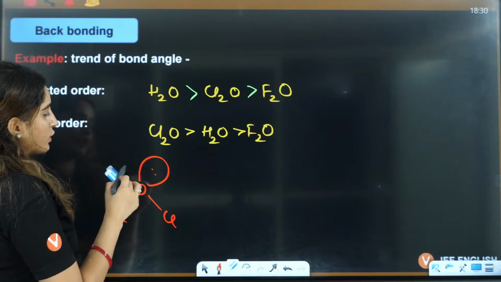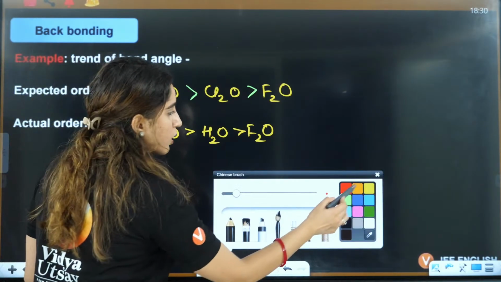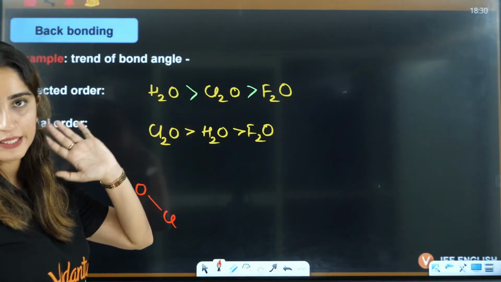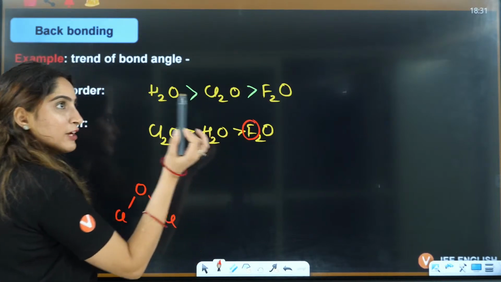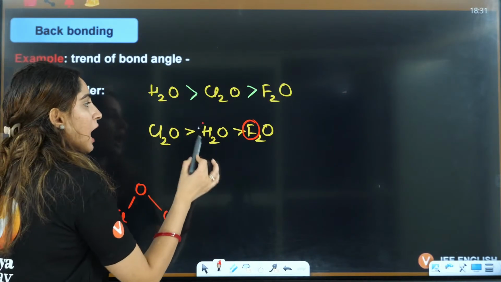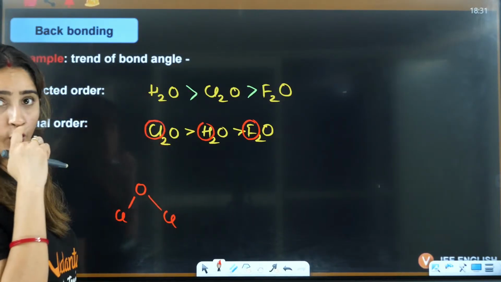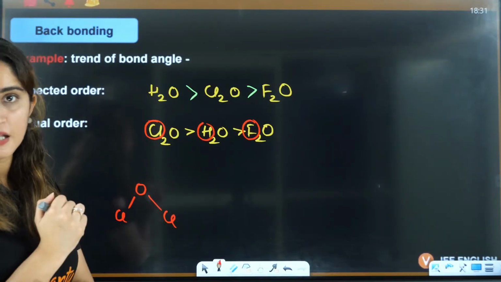I'll tell you how. If you talk about chlorine, hydrogen and fluorine, that is a different part, right? Fluorine will not have d orbitals in front of it. Hydrogen will not have vacant orbitals, but chlorine will have vacant orbitals.